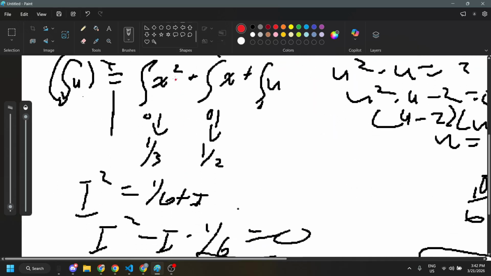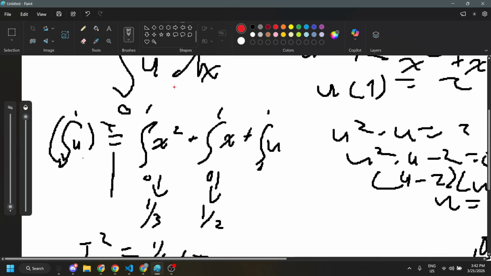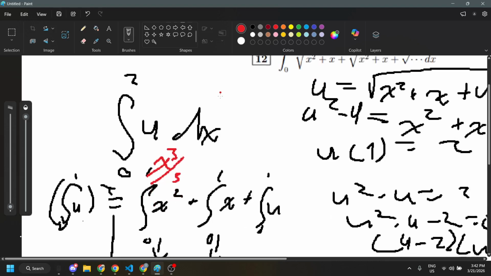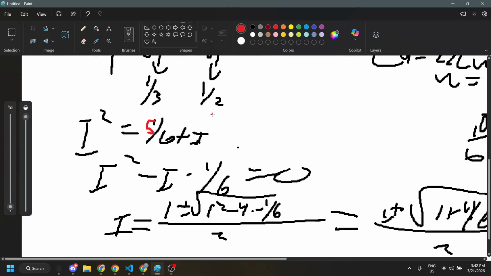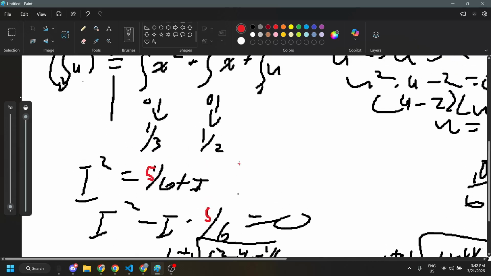So, do we know this is equal to 1/3? We have x cubed over 3 from 1 to 0, yes. And then this is, yeah, so 1/2. So, oh, I'm silly. This should be 5/6. So this should be 5/6.